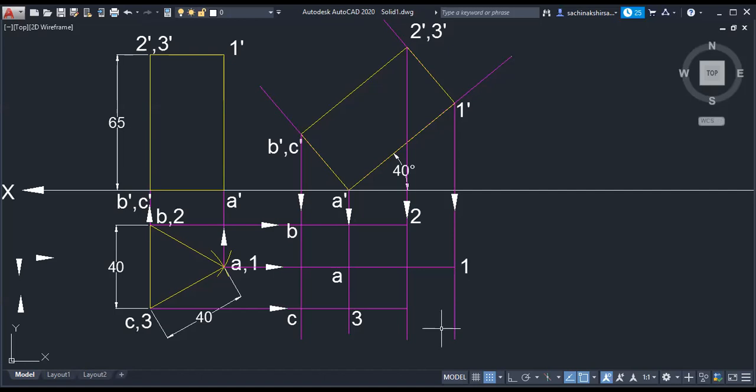It will be here. Have you located? Yes, sir.